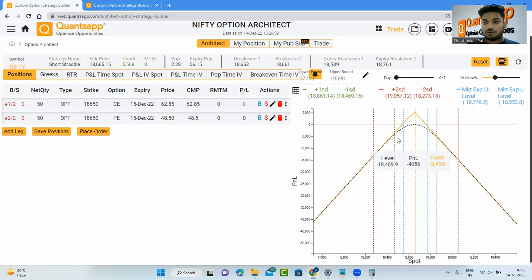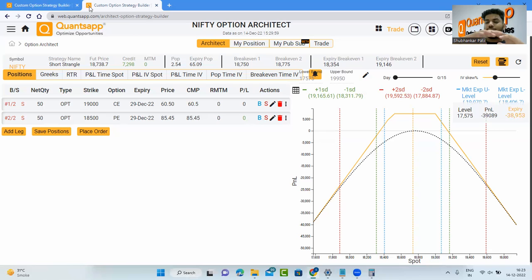So whenever you want to write options for a longer duration, then you don't know where the market might go. So for that reason we will deploy such type of strategies, which is strangle, which will give you a better width. Okay, so this is how you will play around with it.